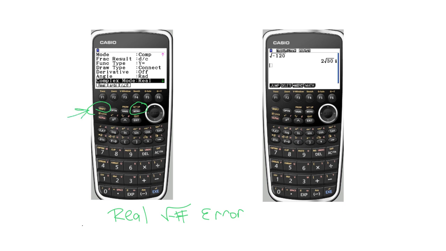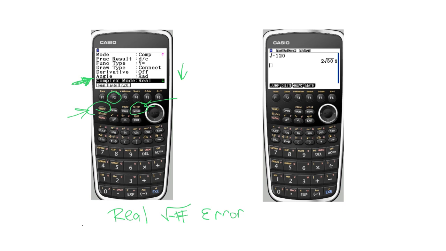So Shift and then Setup, and then you're going to arrow down until you see complex mode here. Okay, most of the time your calculator is going to be in real, which we needed for chapter 2. And so when we get back to the final exam, we're going to have to be able to put your calculator back to real. But for now, for chapter 3, we can leave it in complex mode.